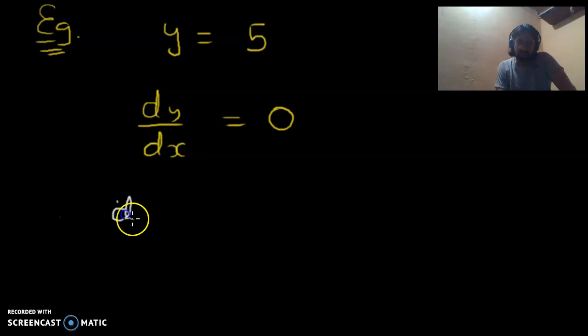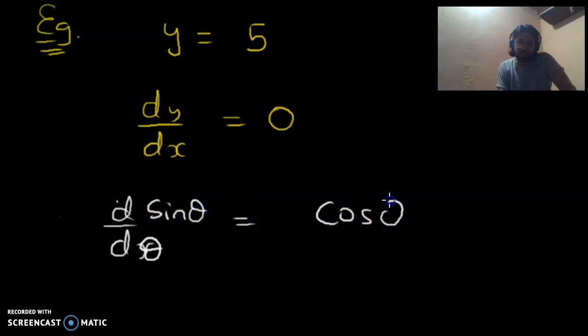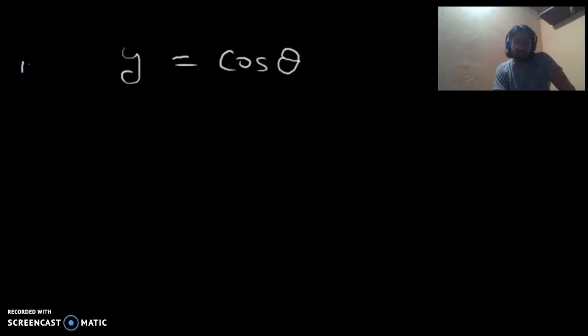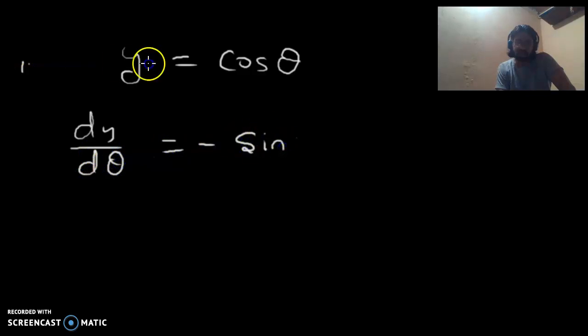Say if I ask what is the differentiation of sine theta, that would be cos theta. If I ask you what is the differentiation of, say for example, cos theta, so dy by d theta is negative sine theta.